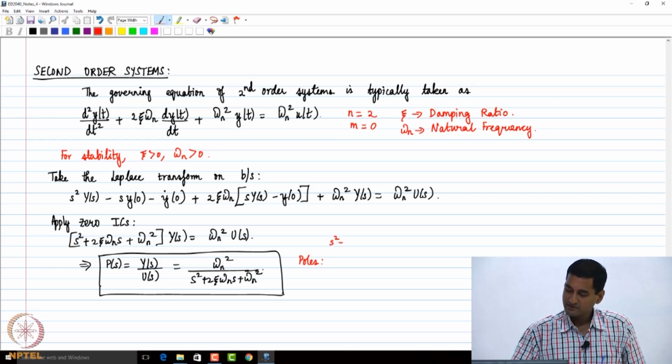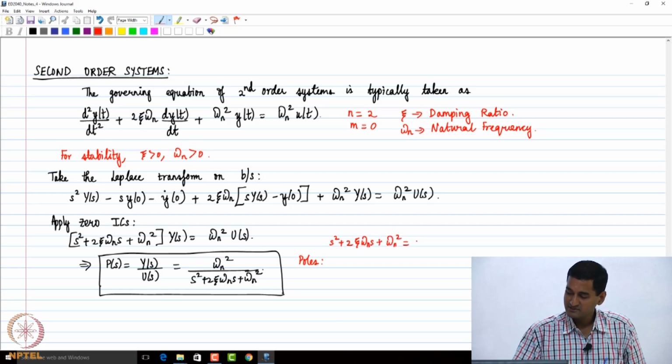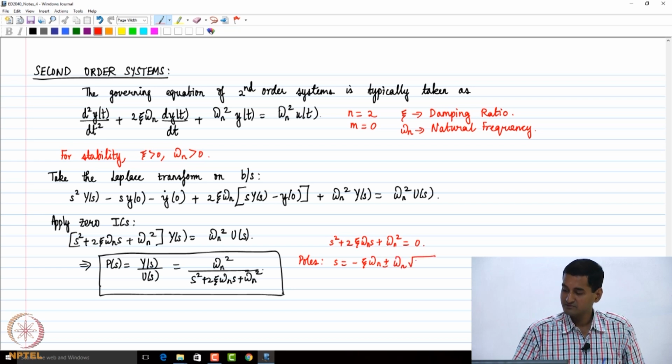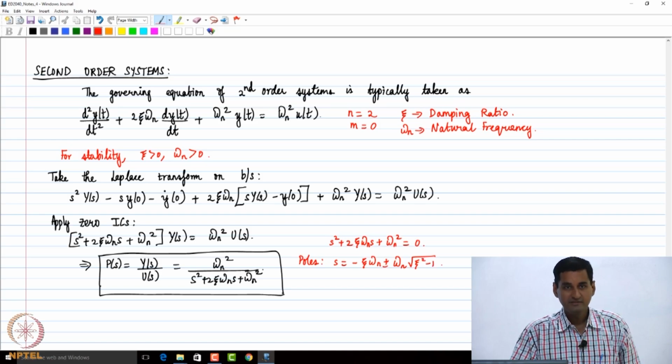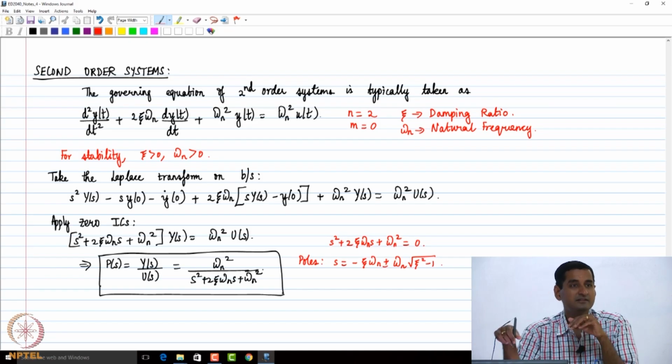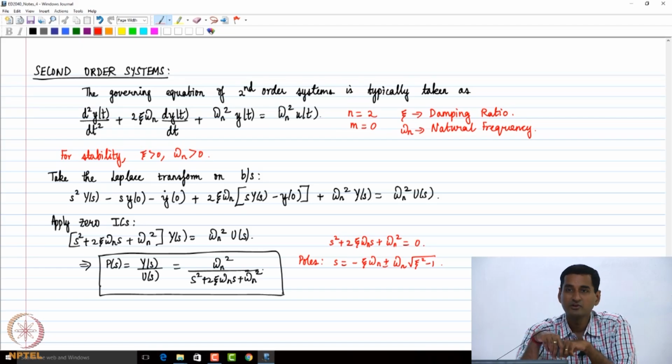We solve the denominator polynomial equals 0: s squared plus 2 zeta omega n s plus omega n squared equals 0. So the poles are minus zeta omega n plus or minus omega n times the square root of zeta squared minus 1. If you calculate the roots of this quadratic polynomial, this is what you will get.